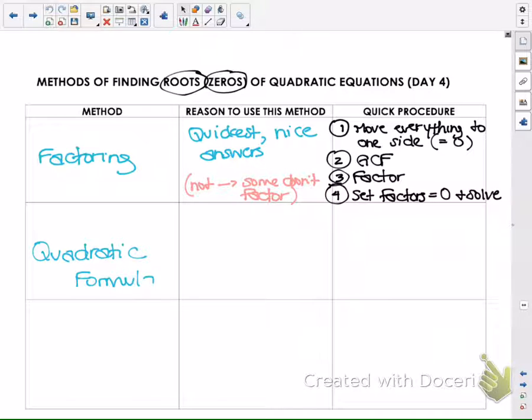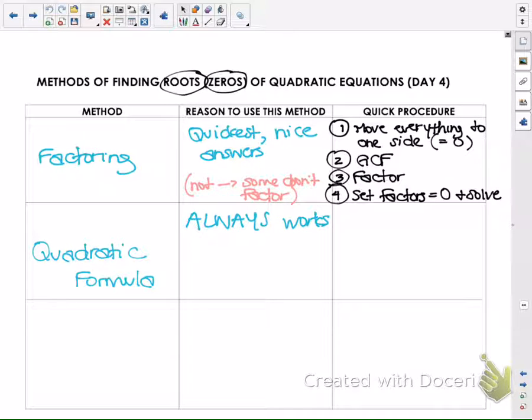Anyone remember what I said the main reason was we use this one? Always works. Good, Christian. Okay, quadratic formula will always work, no matter what.